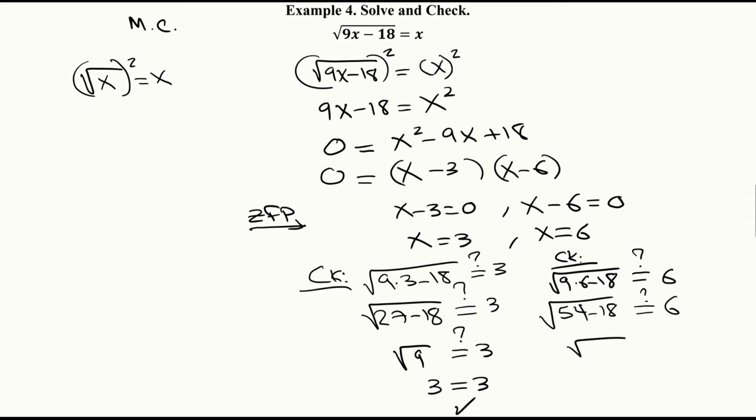Of course, 54 minus 18 is 36, so we're trying to see if the square root of 36 equals 6, and of course, that is 6, so we get 6 equals 6, and we don't need the question mark anymore. This one also passed the test. So now we can confidently write our solution set to contain our two x values, 3 and 6. And that's how we do a problem like that.